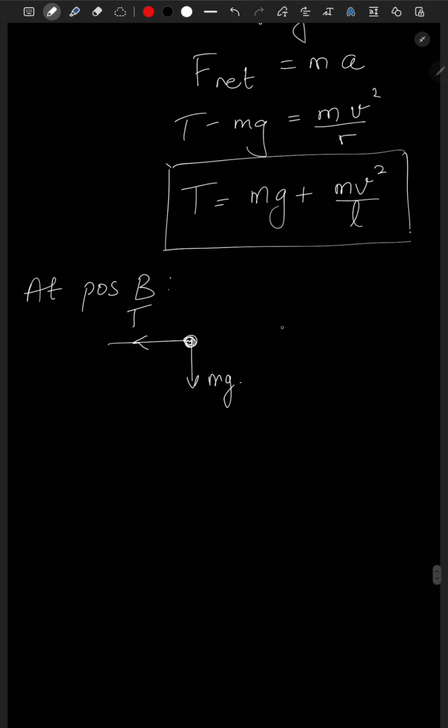So we can say that the net force is ma, and the net force itself is the centripetal force. So it is the tension providing this, and T is equal to mv squared over r. r is L, so I can just write L over here.